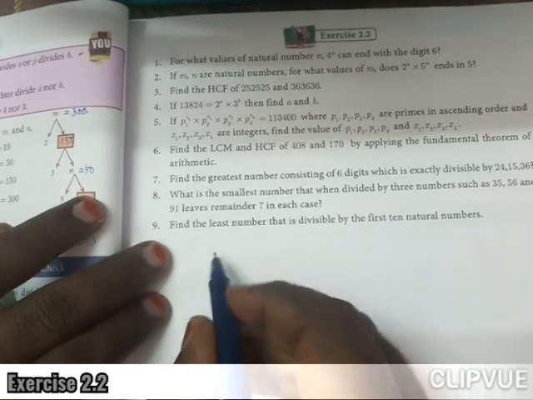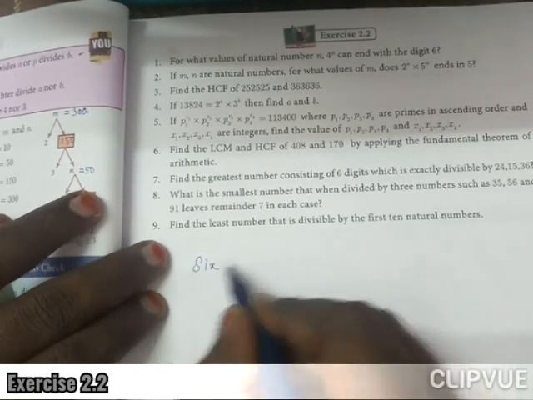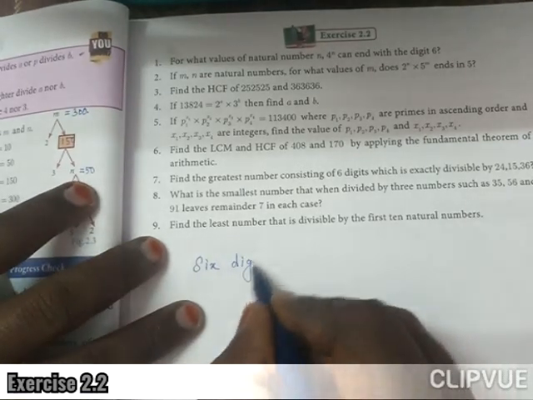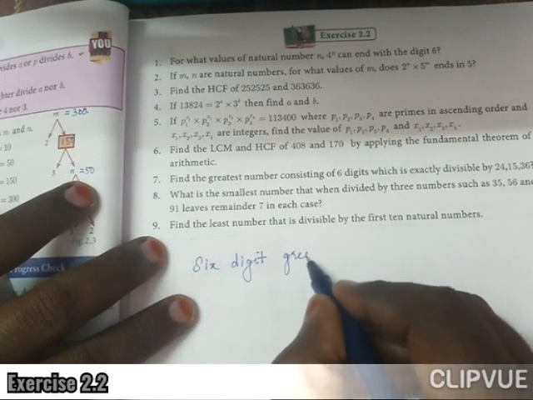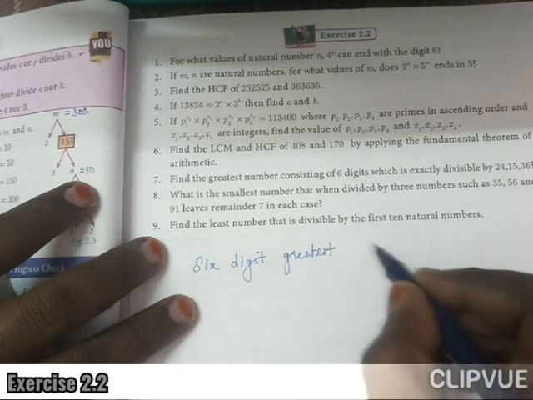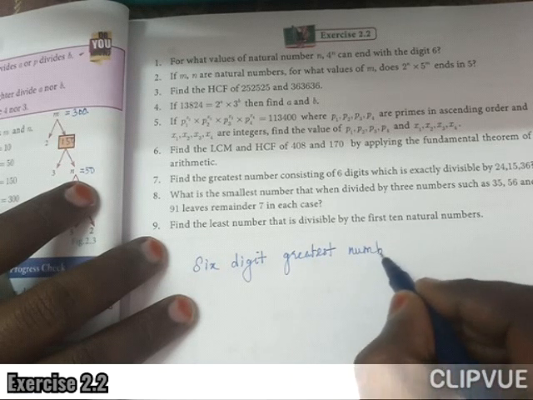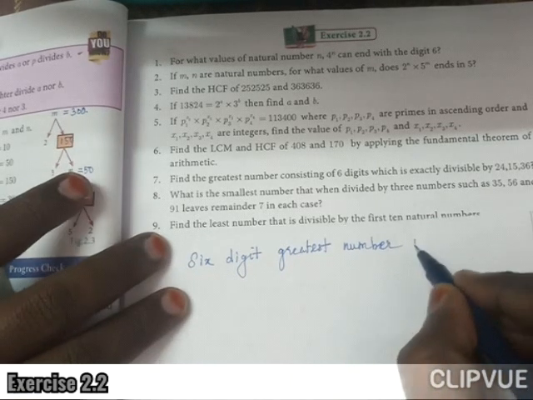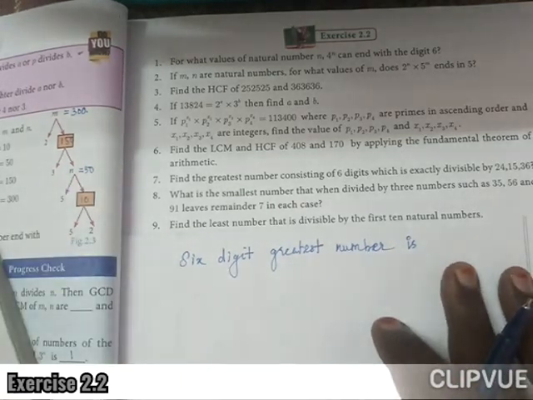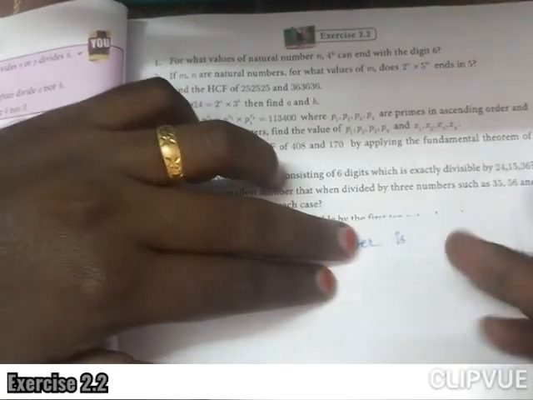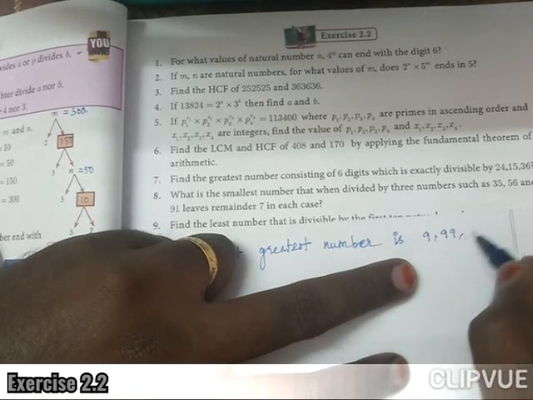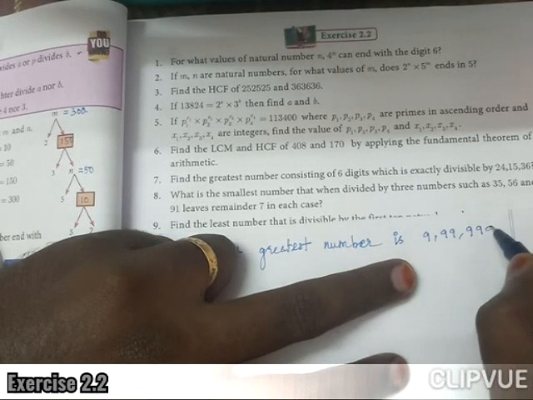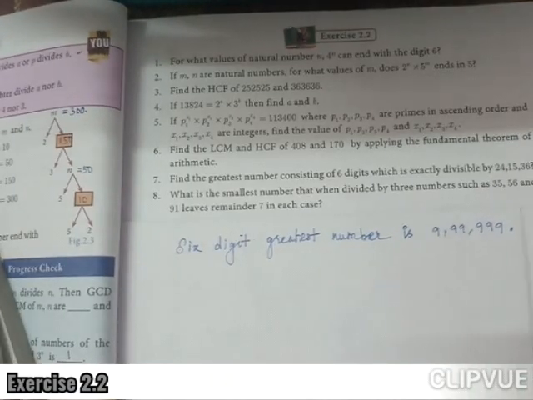So first, the greatest 6-digit number is 9,99,999. You know this.